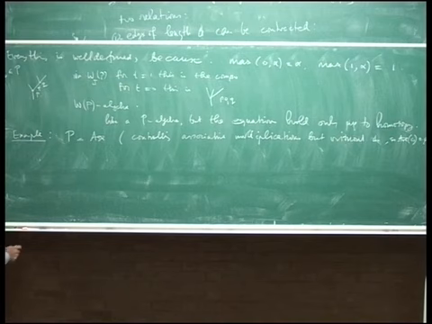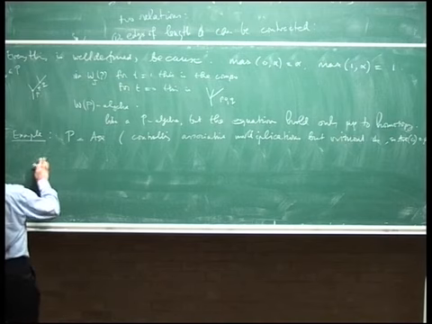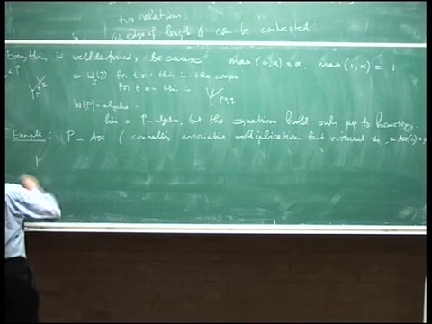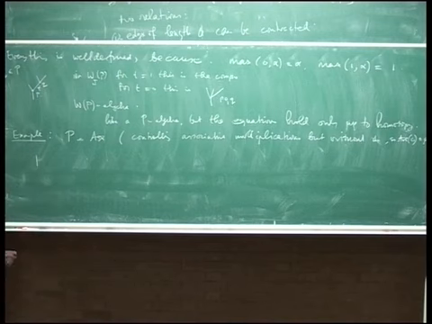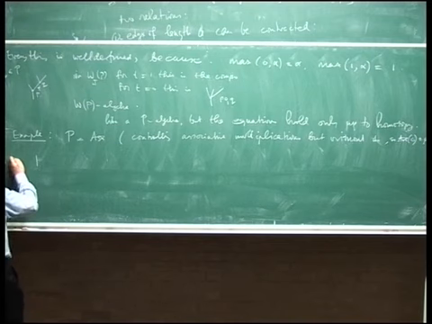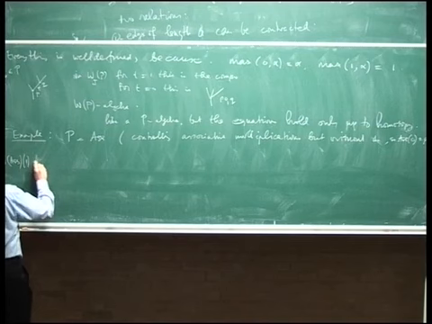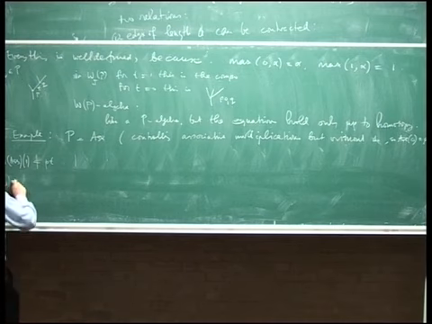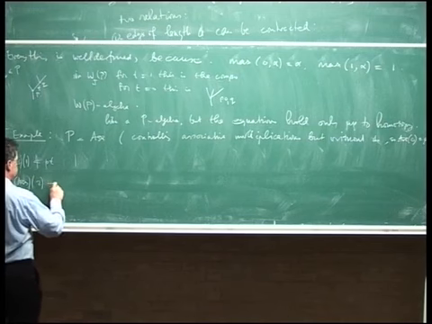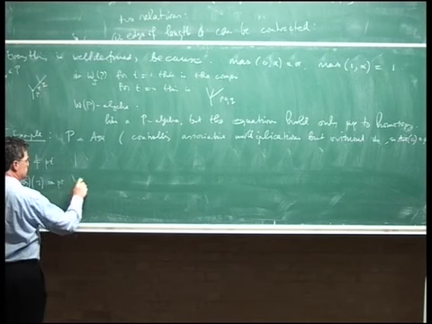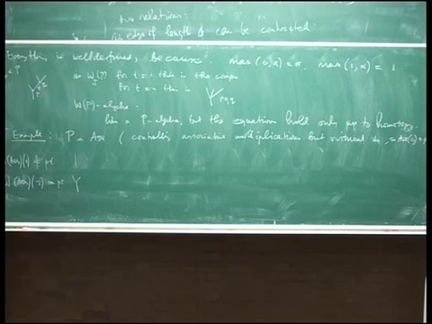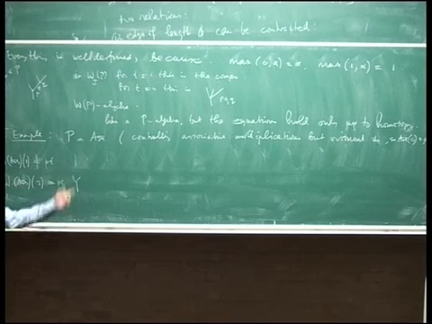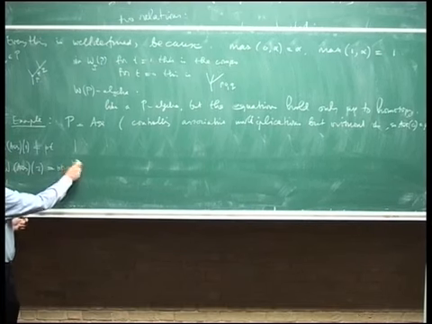So let's look at the trees. There is only one tree with one leaf. So W of S of 1 is a single point. W of S of 2 is again a single point. It's just this tree. If you would do a symmetric case, there would be two trees, you could label as 1, 2 or 2, 1.